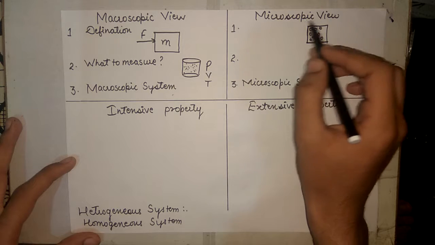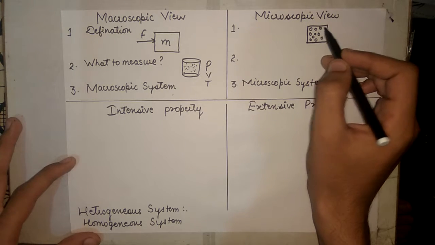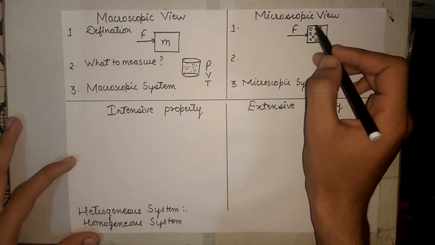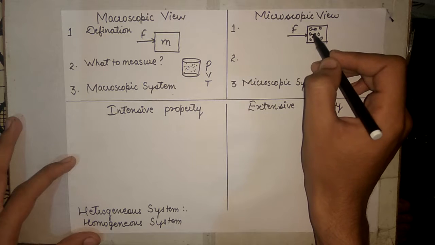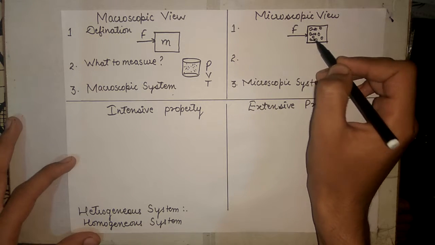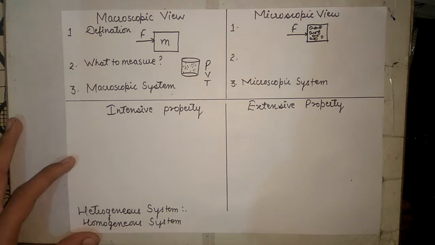Okay, so in this viewpoint we see the molecular action of a system. Suppose again I apply a force, then what will I see? I will see the displacement in molecules, not in the whole substance. I will see the behavior of molecules in this.